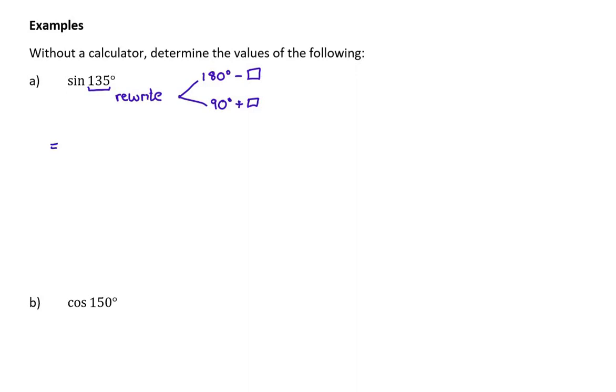So sine 135, we could rewrite 135 as 180 degrees minus 45. So you've set up your reduction. 180 minus 45 is 135, so I haven't changed the question. Now I didn't have to do that. I could have said, let me rewrite 135 as 90 plus 45.